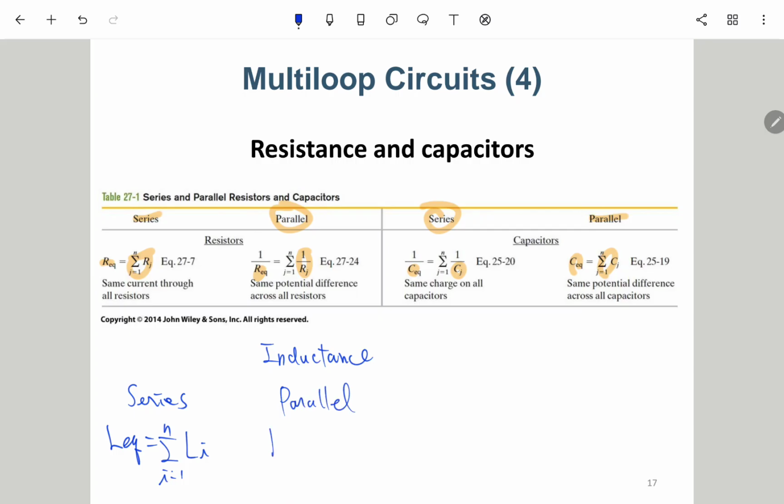In parallel, 1 over Leq will be the summation of 1 over Lj, with j equals 1 to n. So inductance is similar to resistance in terms of series or parallel.